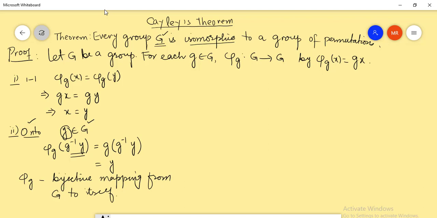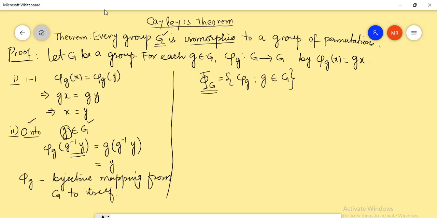And now what do we do? We collect all these mappings in a set, and we name it capital phi of G. That is, phi(G) is the collection of all such mappings. And we prove that this is a group.